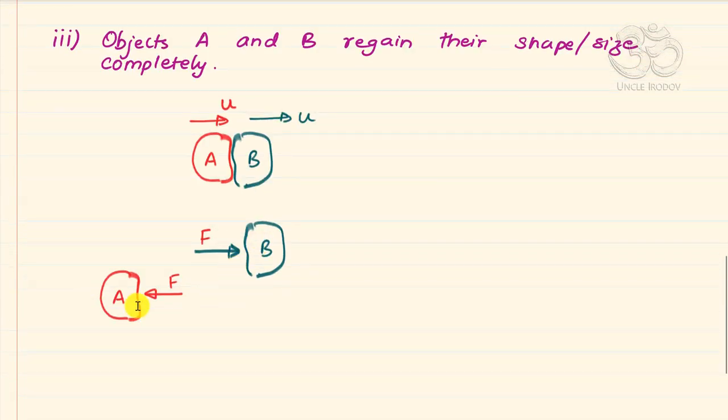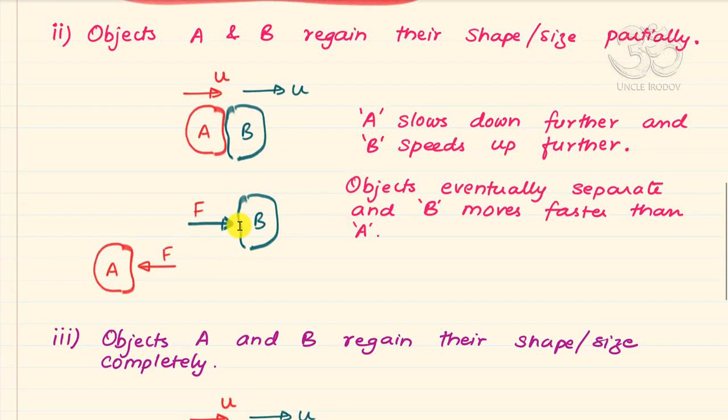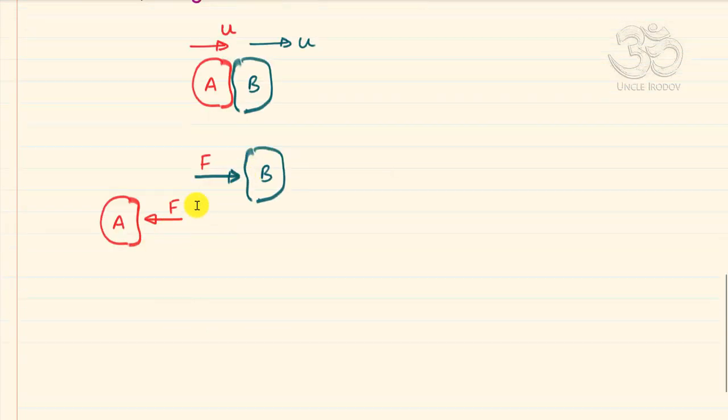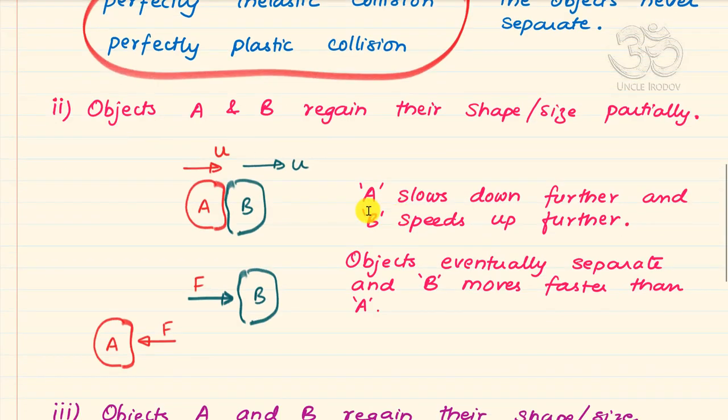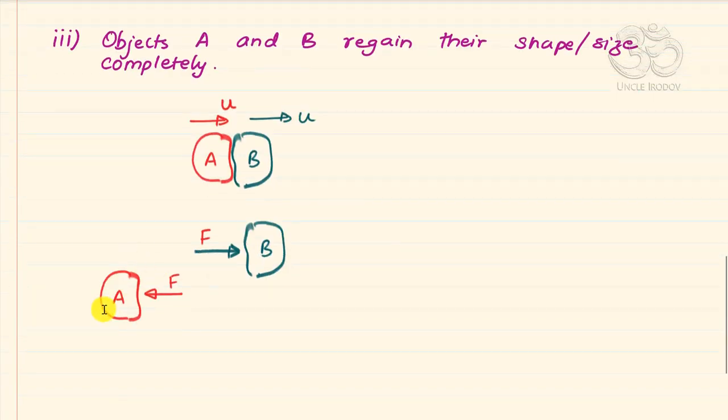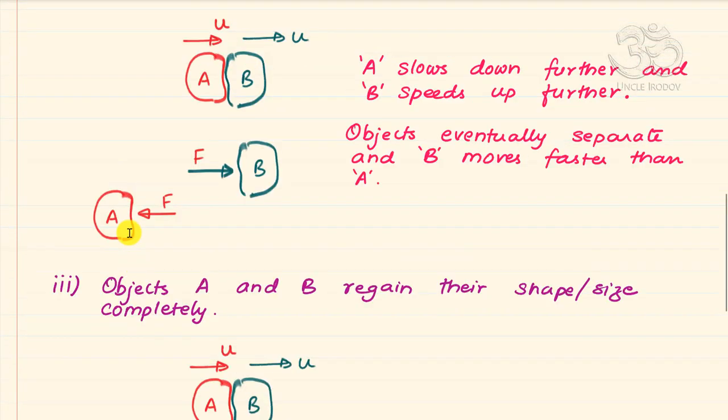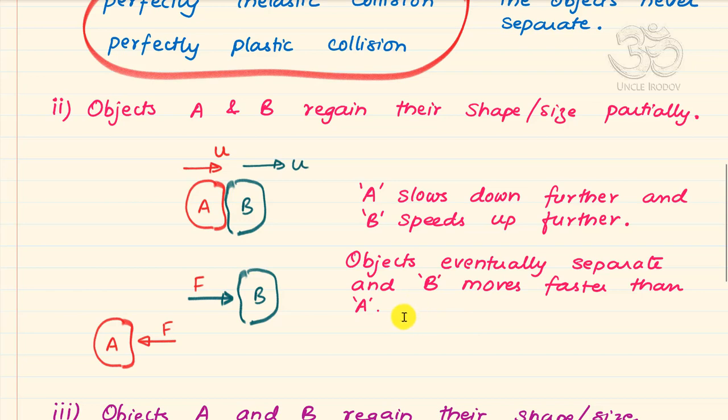That means they would have been in contact for a longer amount of time than this case, and that means that they would have exerted these forces on each other for a much longer amount of time than the previous case where they were able to regain their shape and size only partially. So the final velocity that B gains will be greater than what B would have gained in the second case, and the final velocity of A in this case will be lesser than what A would have had in the second case.